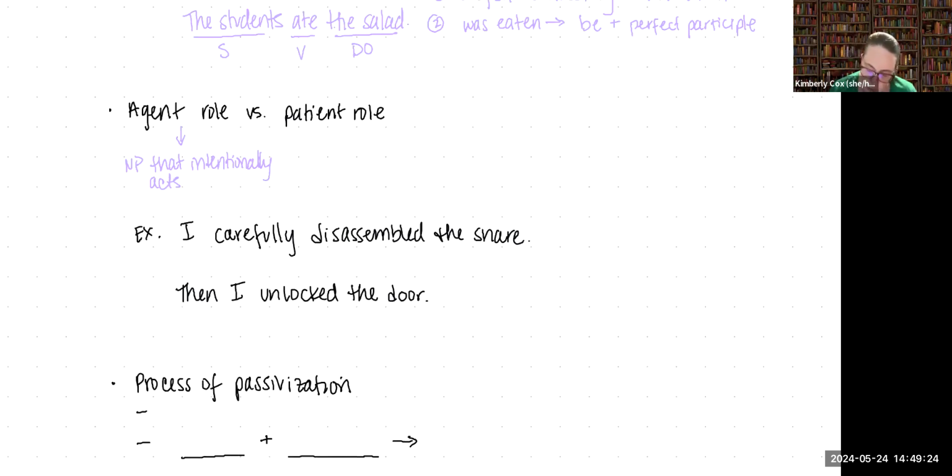The patient role is a noun phrase, often, that changes as a result of the agent's action. Okay. So those are the two different roles that noun phrases can play.